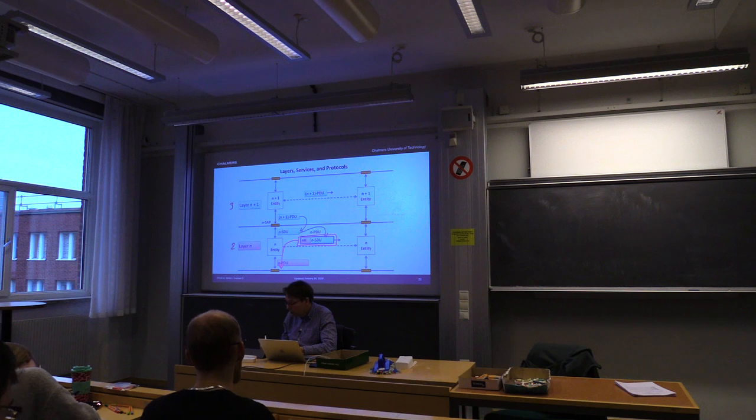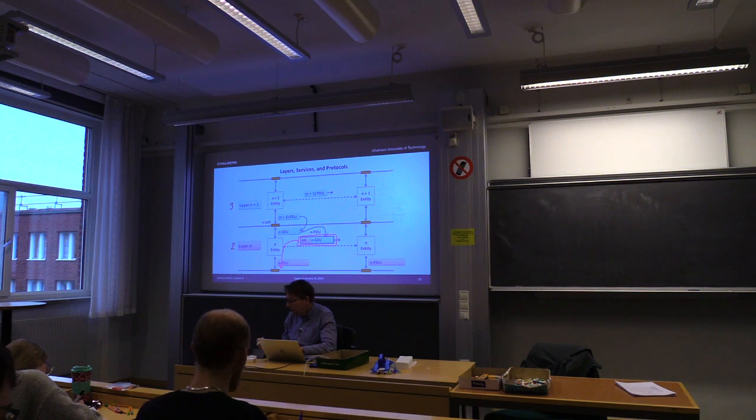Here again, we have a protocol data unit at layer 3. It becomes a service data unit at layer 2. The service data unit of layer 2 is encapsulated in a protocol data unit for layer 2, which consists of a header and the payload. So here is the actual data, and then it goes down the stack.